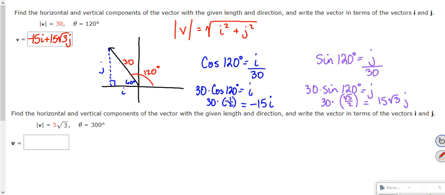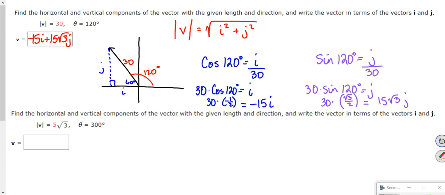Those are your components of your vector. I hope that made sense. I'm a picture person. You've actually got a formula in your packet, in your PowerPoint, for the horizontal and vertical position. All right, let's do the next one.